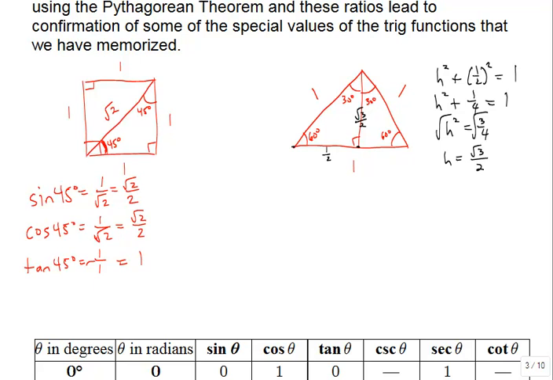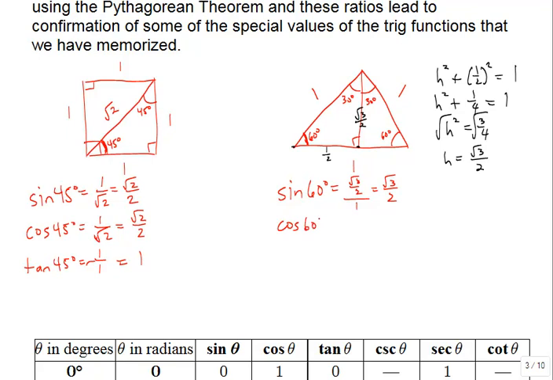So now knowing that, I can use my trig ratios to figure out what sine of 60 degrees is. Here's 60 degrees down here. It would be the opposite side, which is this root 3 over 2, divided by the hypotenuse, which is 1. So that's just square root of 3 over 2.